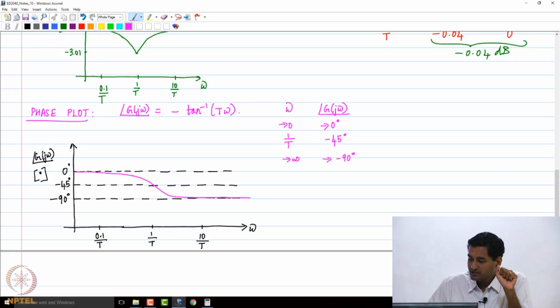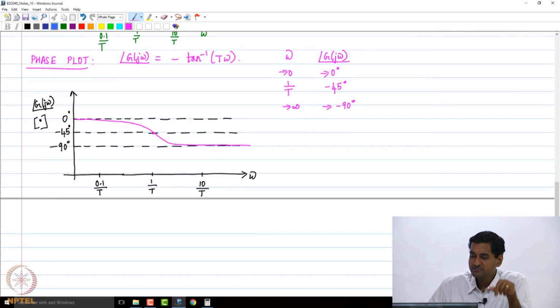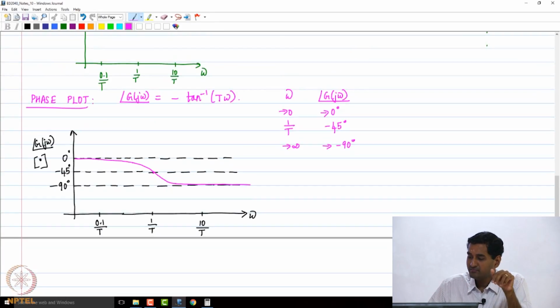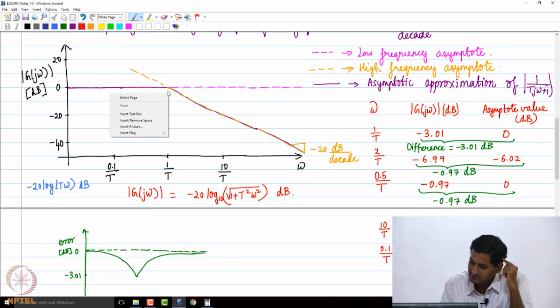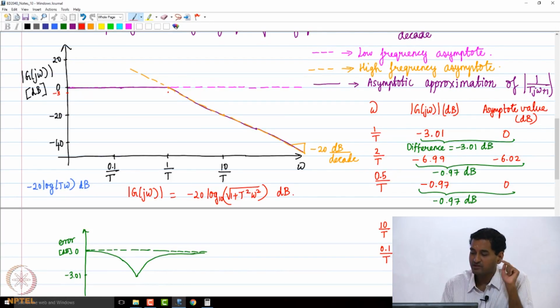So now the question becomes, what happens to the reciprocal? Same story, let us quickly run through what happens to the reciprocal. But before we do that, let us look at this magnitude plot, right. And on this plot, let me plot the actual one, right. So the actual one is going to have an error of around minus 3 decibels at the corner frequency.